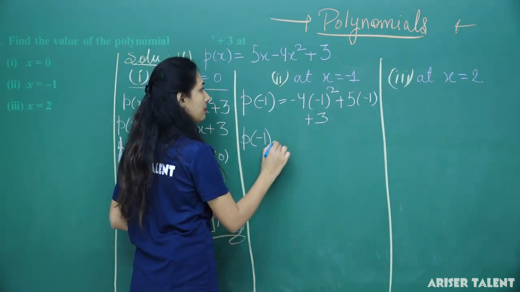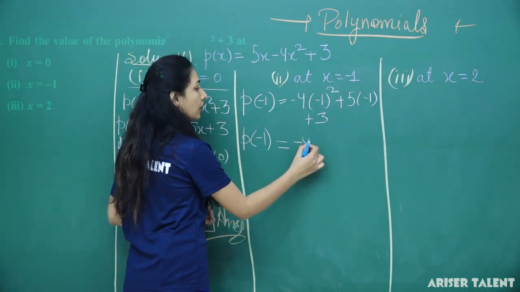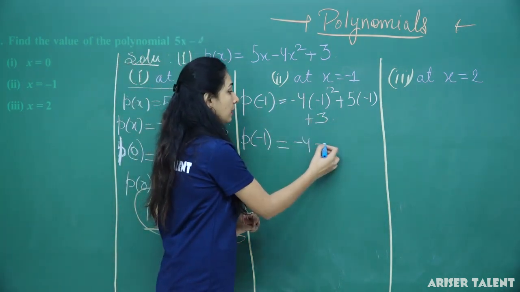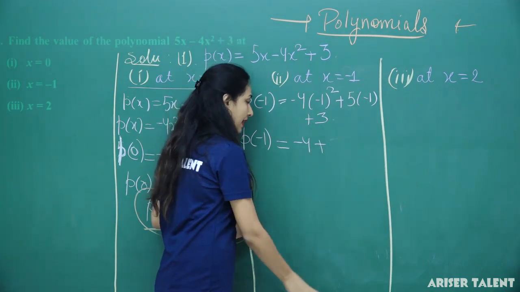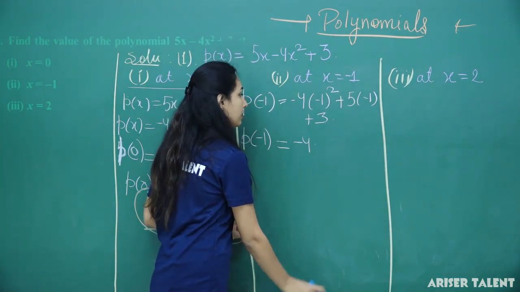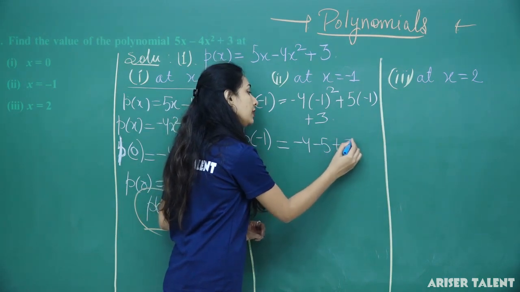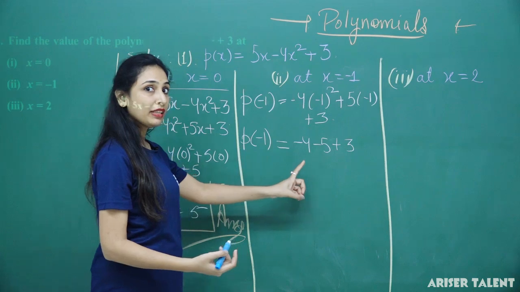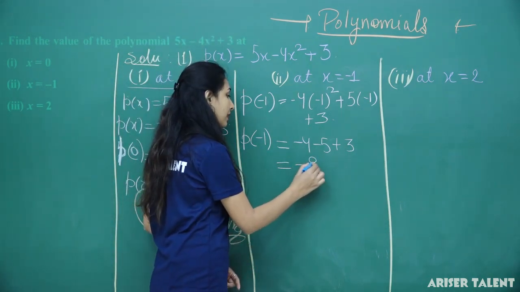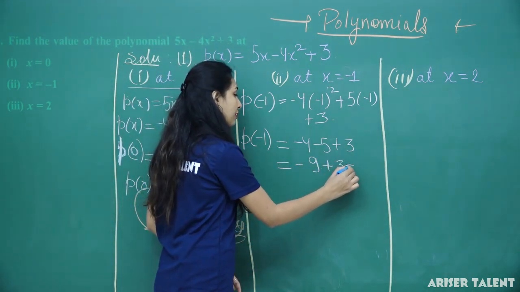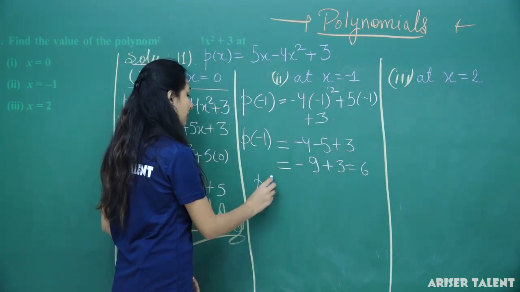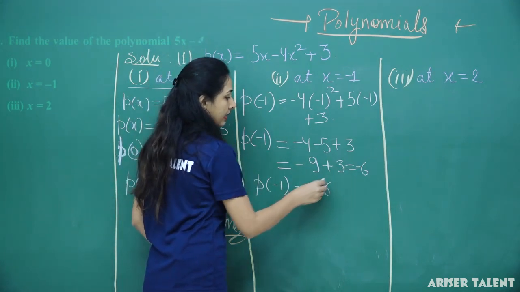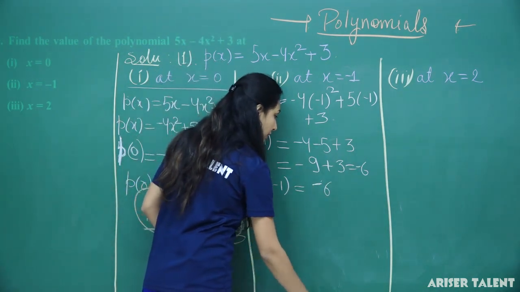Minus 1 whole square is 1, then 5 times minus 1 will be minus 5, then plus 3. So minus 4 minus 5 plus 3, that will be minus 6. So your p of minus 1 will be equal to minus 6, right? So that will be your answer.